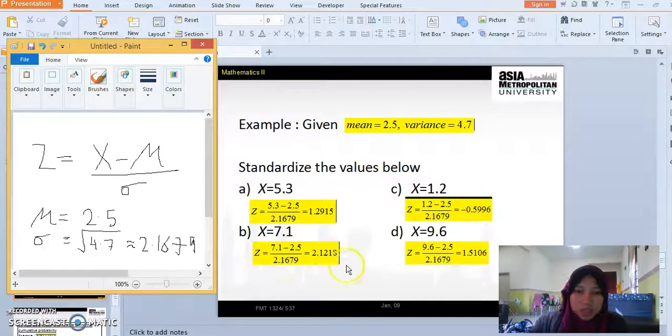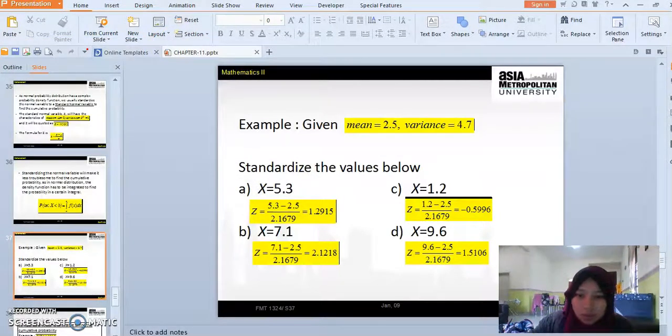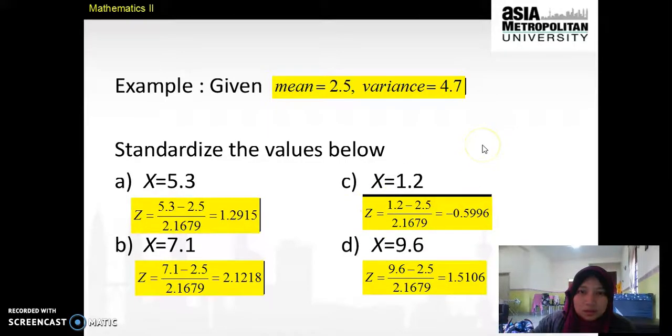You will get your z value. This is called the z value. And for question C, 1.2 minus 2.5 divided by your standard deviation, then you will get your value. And finally, for question D, x equals 9.6, you will get your value here. So this is calculating the z value, or standardizing the values.